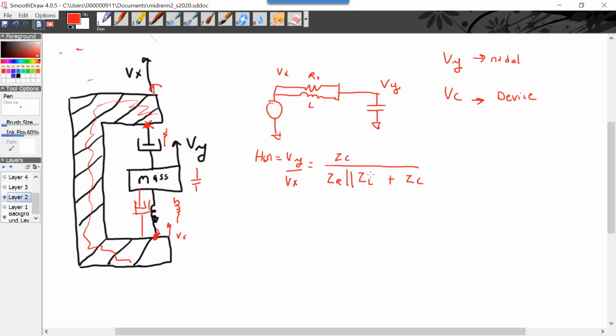This is going to be Rs divided by R plus sL plus 1 over sC.